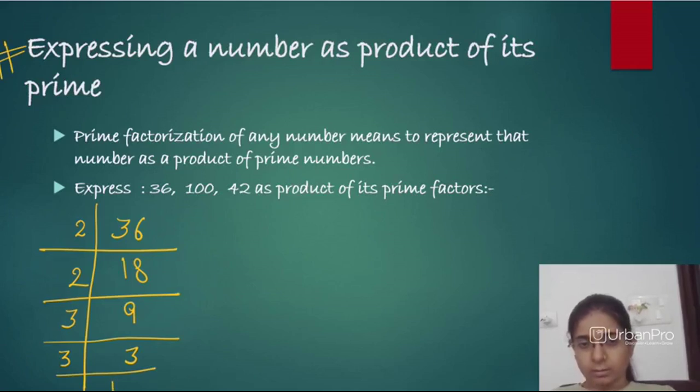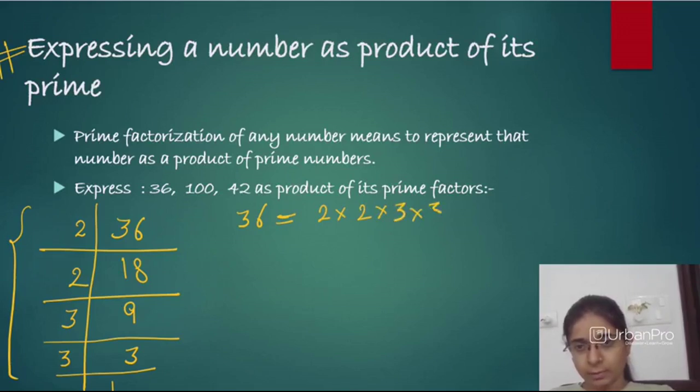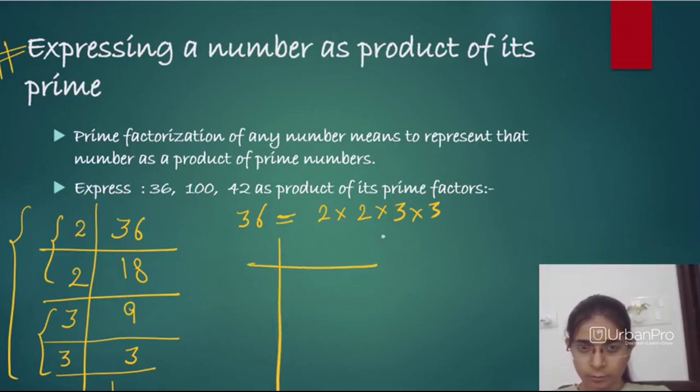So this way we will do the prime factorization of a number, where we try to divide by prime numbers, and make sure you start with the smallest one. Then you can write the number 36 as 2 times 2 times 3 times 3. So this is how we write 36 as a product of primes.